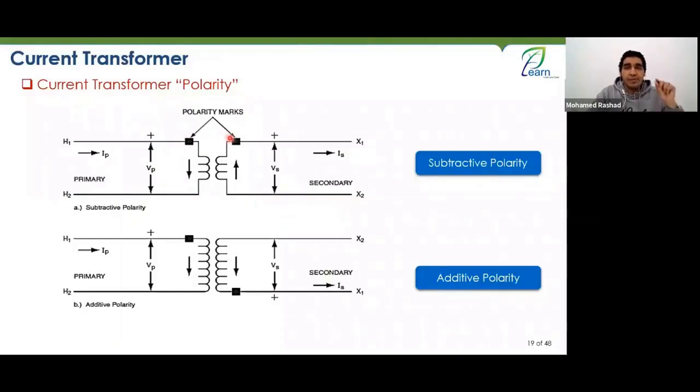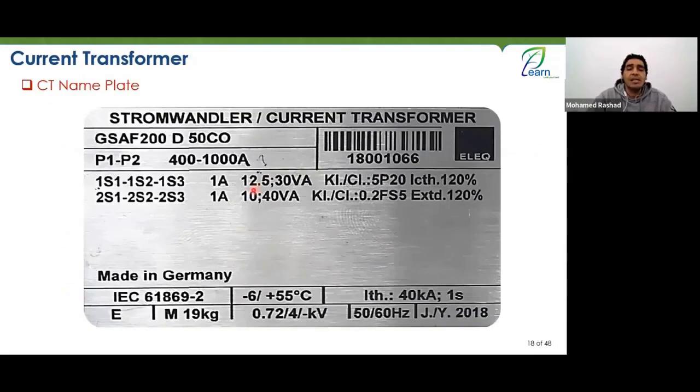Either it draws polarity marks with the dots next to each other, or opposite from each other, meaning it draws them in reverse directions. Then we come here to something written as 12.5 and 30 volt ampere, and 10 and 40 volt ampere. We are used to the volt ampere being apparent power, right?